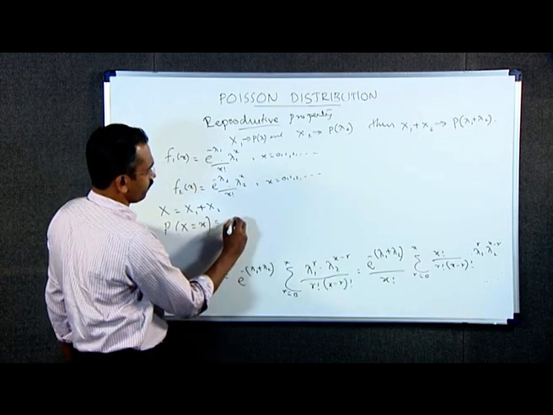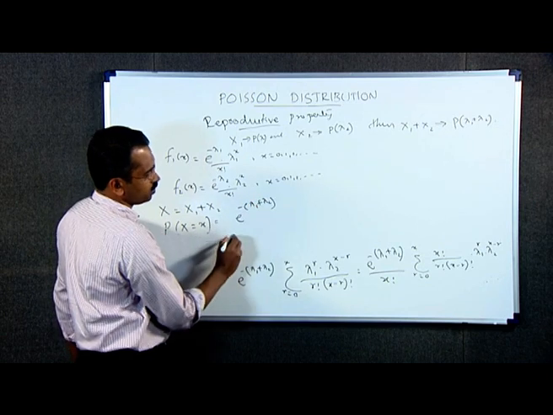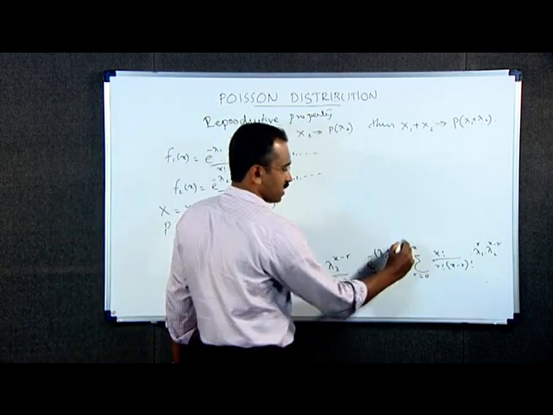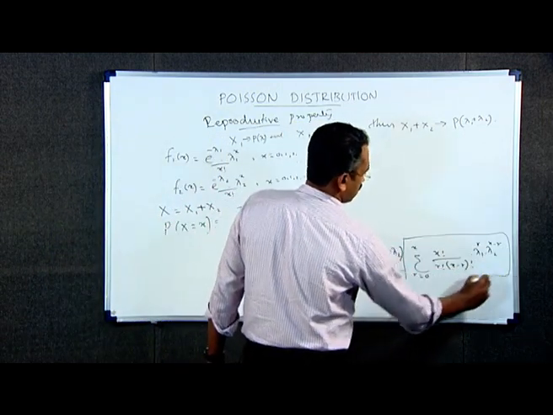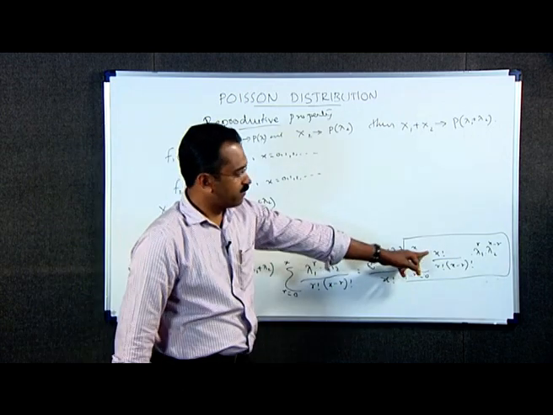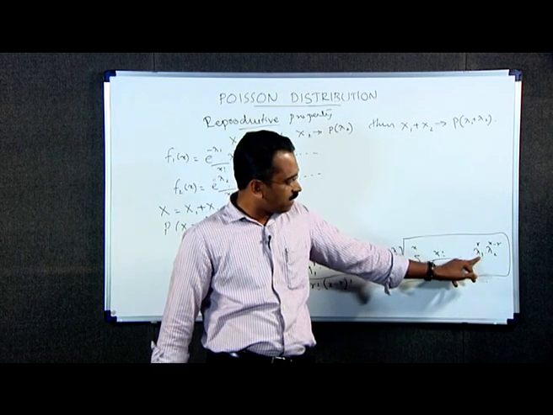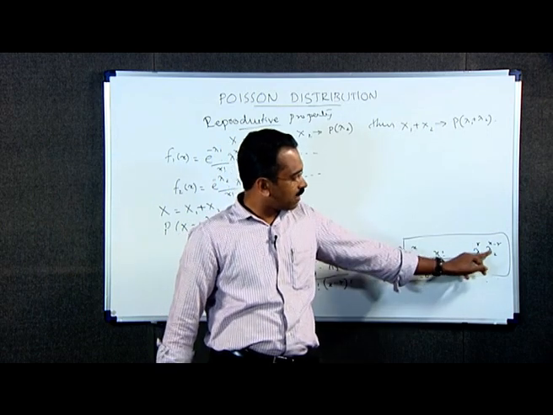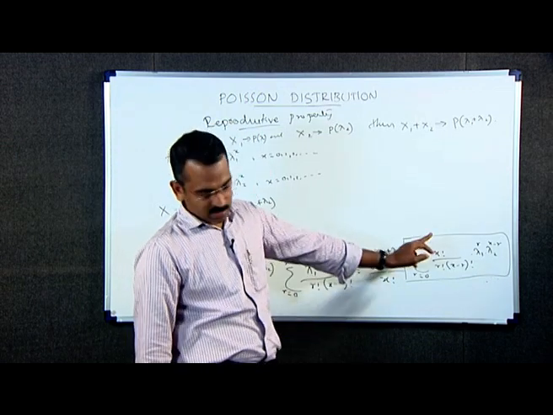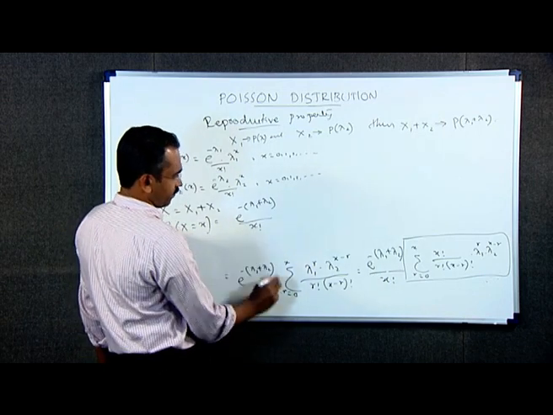e raised to minus of lambda 1 plus lambda 2 divided by x factorial into this summation. Here x factorial divided by r factorial into x minus r factorial, lambda 1 raised to r, lambda 2 raised to x minus r, which can be expressed as x choose r.